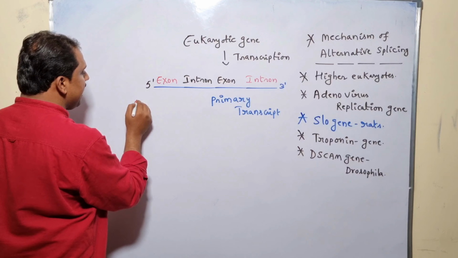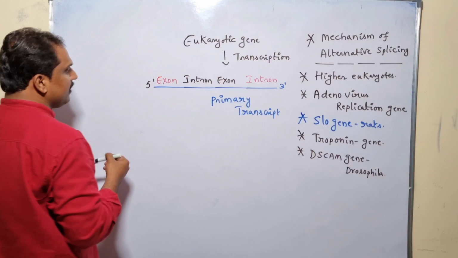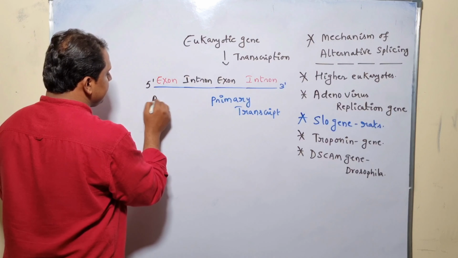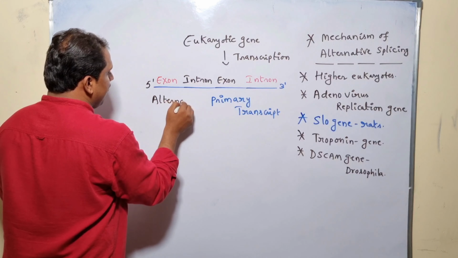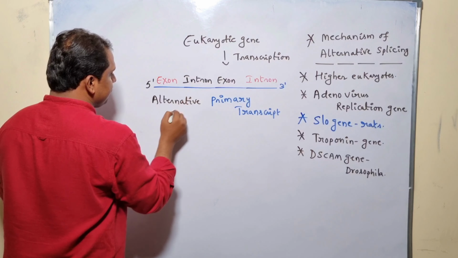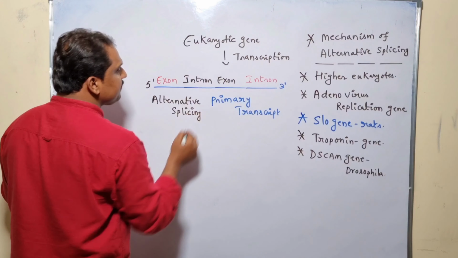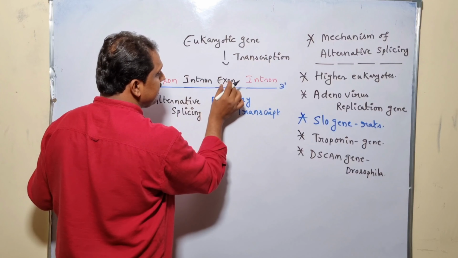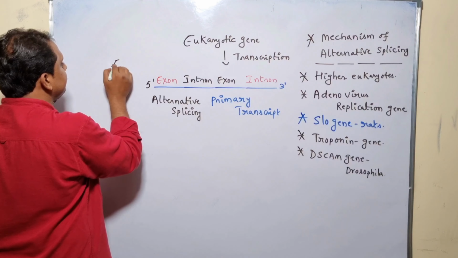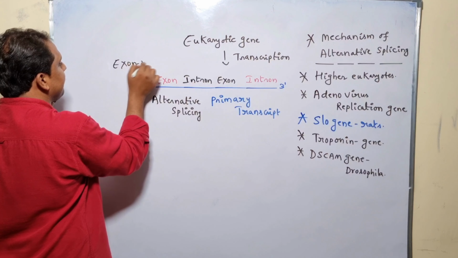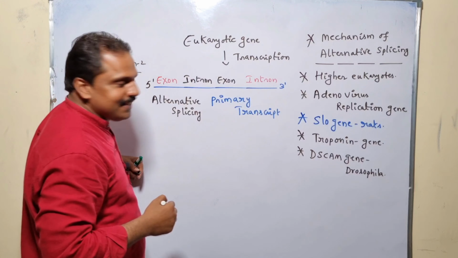So in case of the alternative splicing mechanism, what exactly happens here is, alternative splicing mechanism, right? Let us consider one particular exon which is nothing but exon 2. Is it clear?